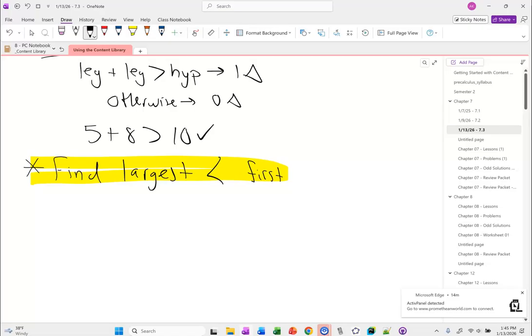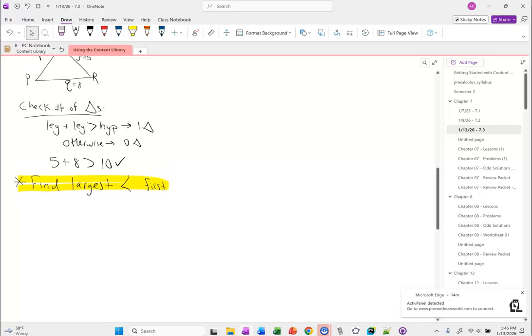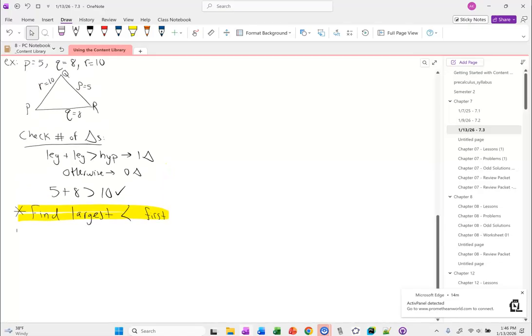So for a side, side, side situation, you want to find the largest angle first. So if we go back and look at our triangle, what angle is the largest angle? R, the pirate's favorite angle. Get it?